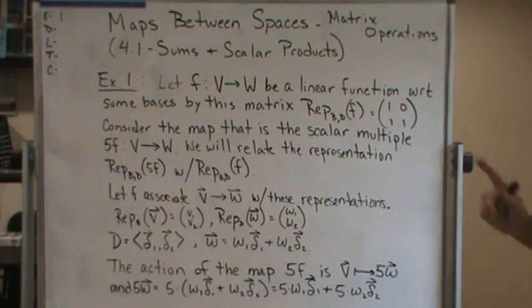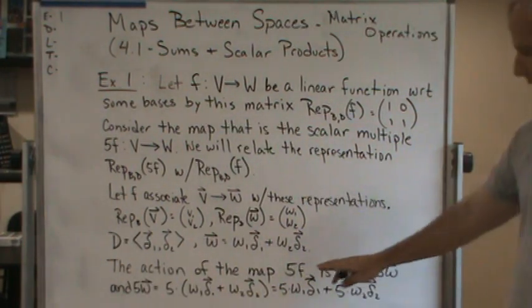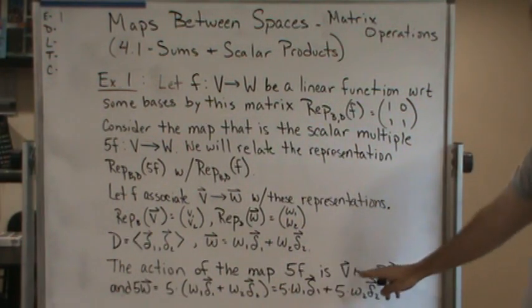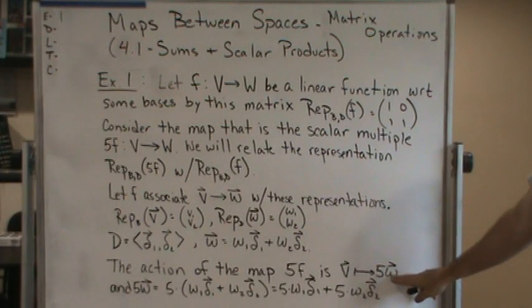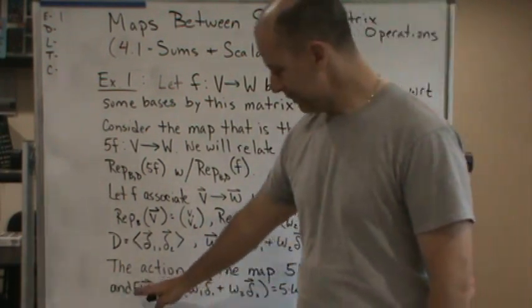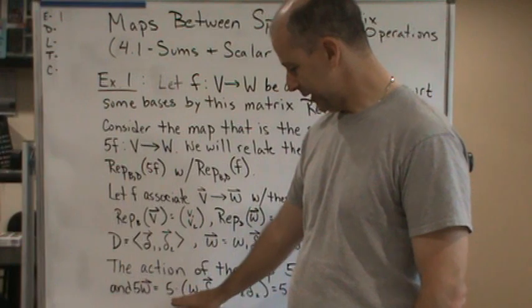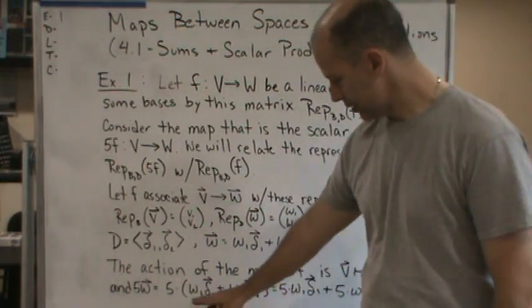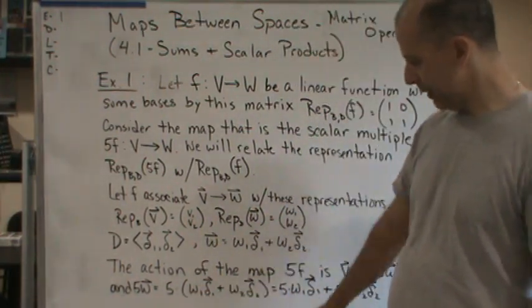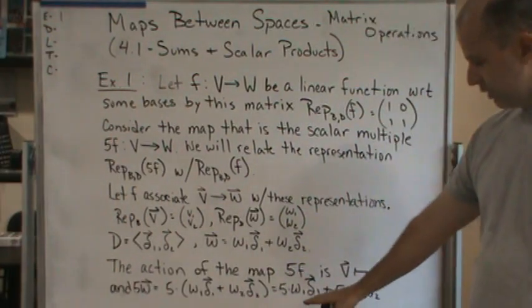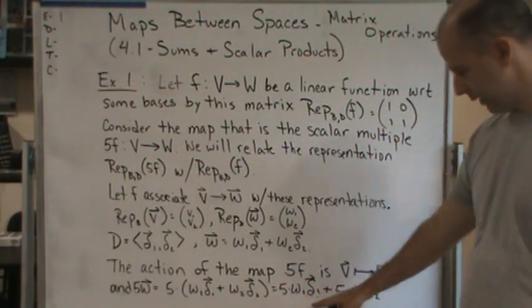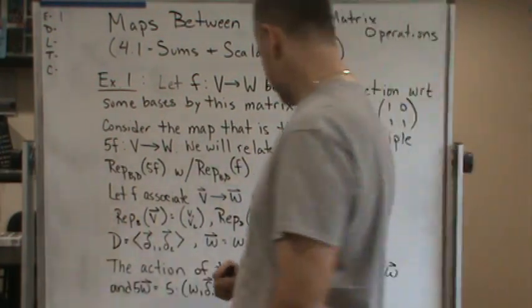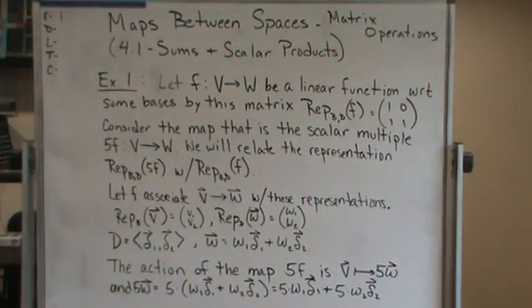And then here's the action of the map 5f. Again, it's a scalar multiple, so what does that mean? It means that 5w is going to be equal to this. We're just substituting in our linear combination, and then we're going to use the distribution. And so we end up with this linear combination.